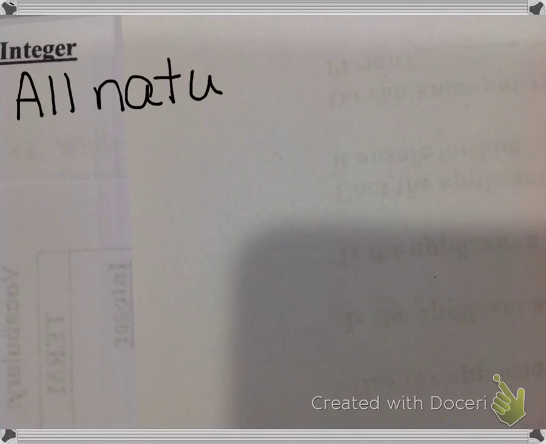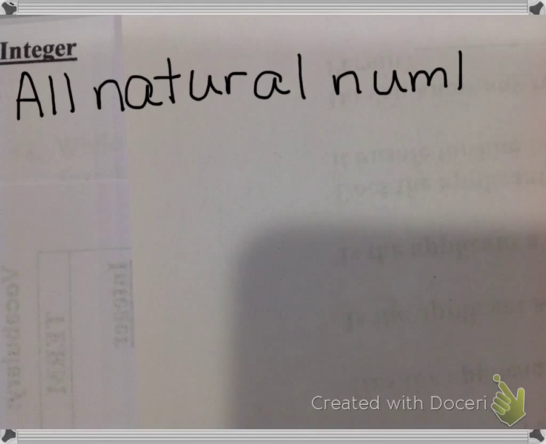Okay, the first term we have is integer. And the definition of integer, and you're going to write this right underneath where it says definition, is all natural numbers and their opposites. All natural numbers and their opposites.